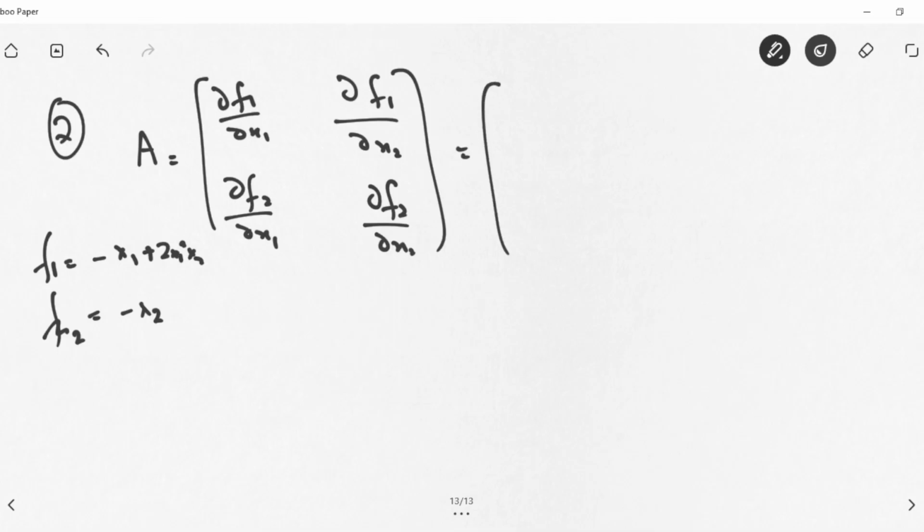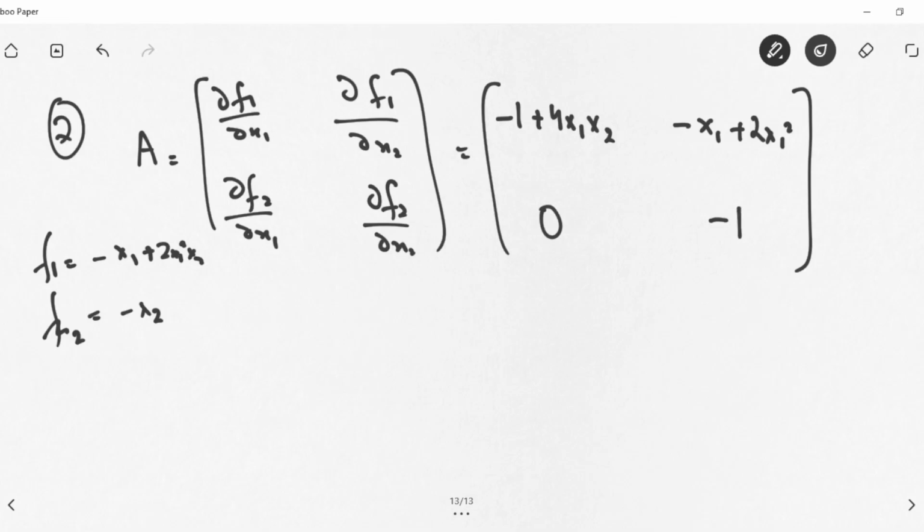So when we differentiate the first equation f1 with respect to x1, this comes out to be minus 1 plus 4 x1 x2, and differentiating it with respect to x2, we get 2 x1 square. Differentiating f2 with respect to x1, it is 0. Differentiating it with respect to x2, it is minus 1.